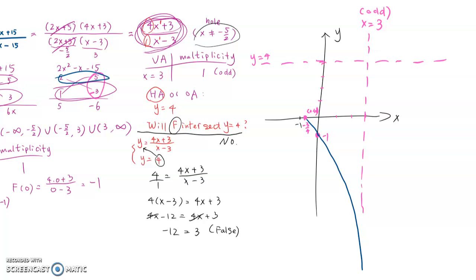Okay, since the multiplicity of this vertical asymptote x equals 3 is odd, that means if one side is going down, the other side needs to go up. Our graph won't cross the horizontal asymptote y equals 4, so it will just stay above it, but we'll get closer and closer to it as x goes to infinity.